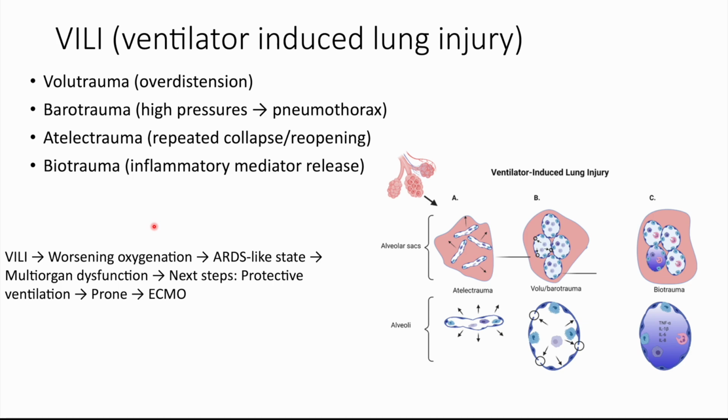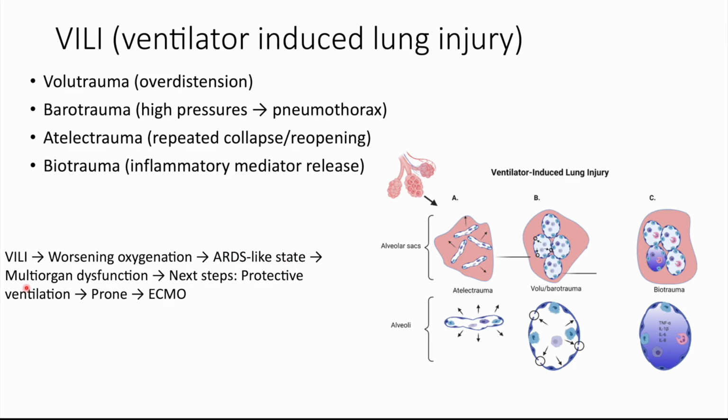So clinically, VILI worsens hypoxemia, creates a secondary ARDS-like picture, and can progress to sepsis-like multi-organ failure. So if VILI occurs, there will be worsening of oxygenation, then an ARDS-like state, then multi-organ dysfunction.